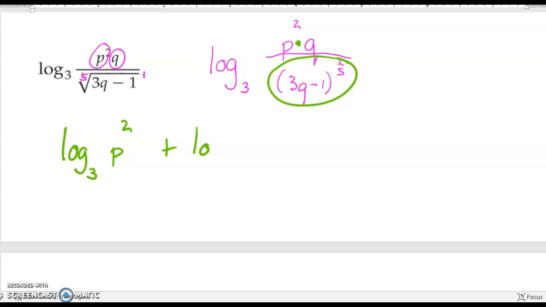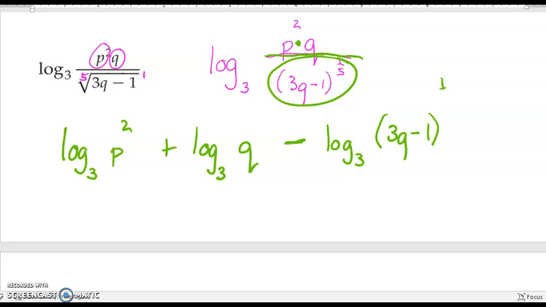So we have log base 3 of q. Now we're dividing, so dividing is subtracting, log base 3 of 3q minus 1 in parentheses to the 1/5 power. We're not completely expanded yet.